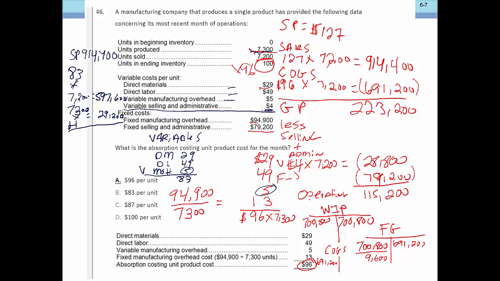That was the $4 times units sold, I mean units produced, yes. 4 times 7,300, 29,200. Okay.